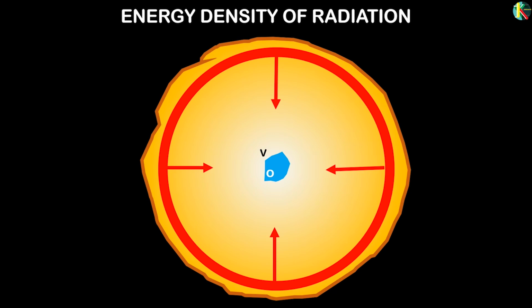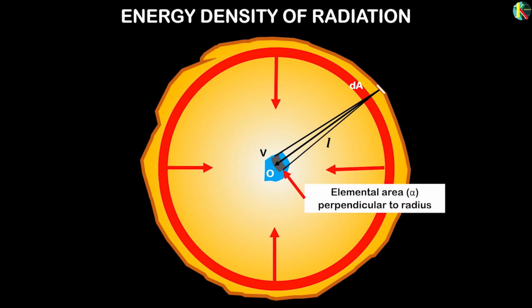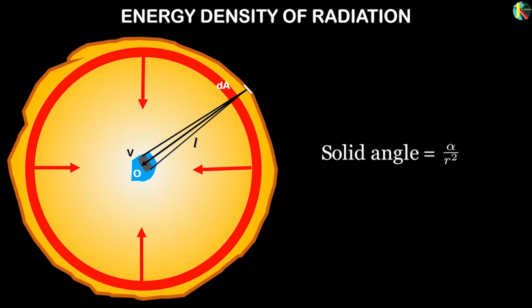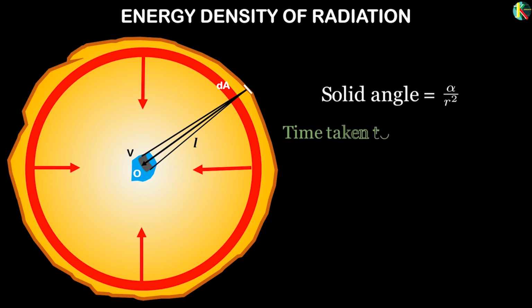The radius r of the sphere is very large compared to the dimensions of V. Let the radiation from an elemental surface dA of the enclosure traverse along the radius to intersect V in a length l. The solid angle subtended at dA by elemental area alpha is given by d omega equal to alpha by r squared. The time taken by the radiation to reach the volume V is t equal to l by c, where c is the velocity of radiation.